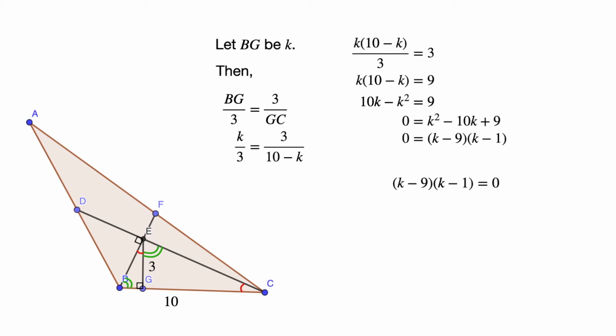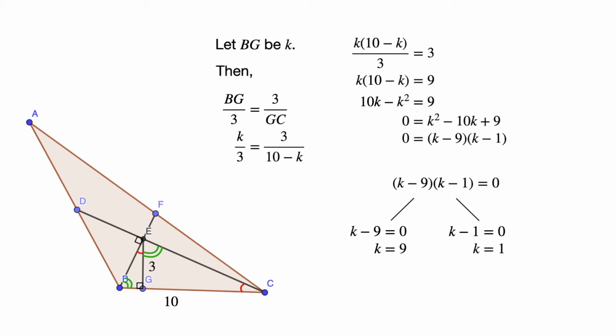To solve for K, we look at two cases: when K minus 9 is equal to 0, or when K minus 1 is equal to 0. Solving for the first case, we get K equals 9. Solving for the second case, we get K equals 1.